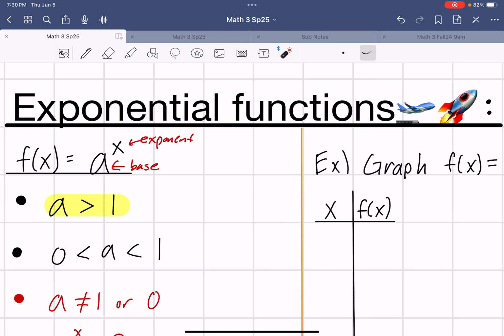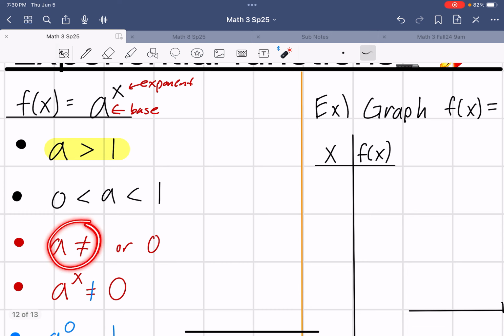Now, knowing that this base cannot be equal to 1 or 0, the function also is not going to be able to equal 0. Because any number you choose, a 2 or a 0.5, there's no power that's going to turn your base into a 0.